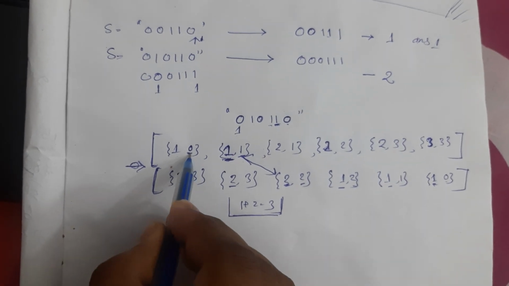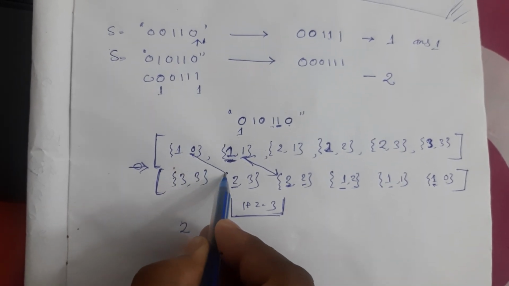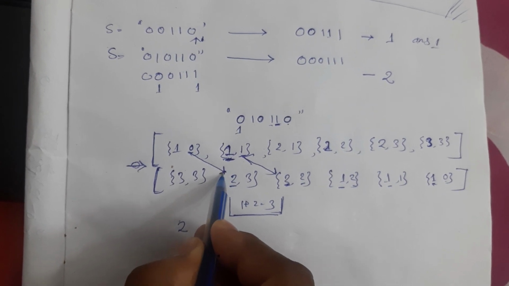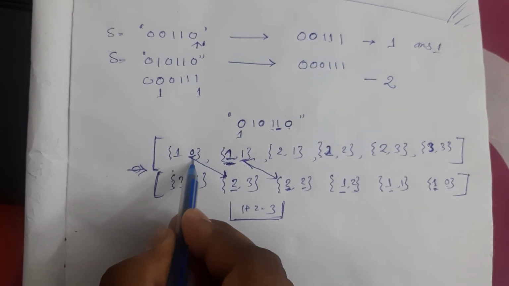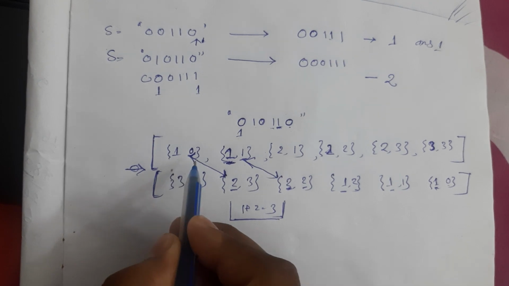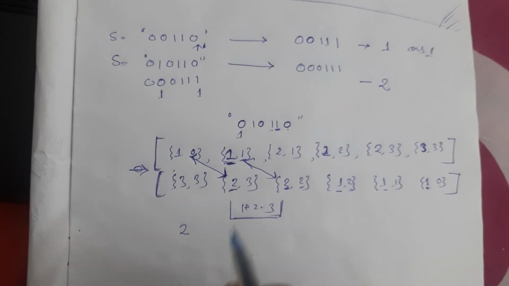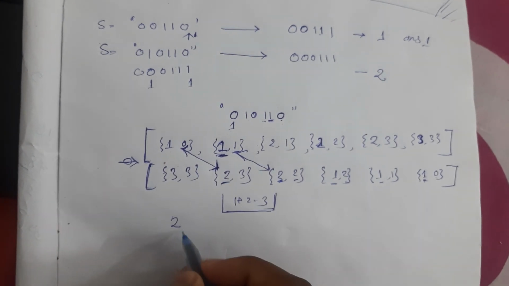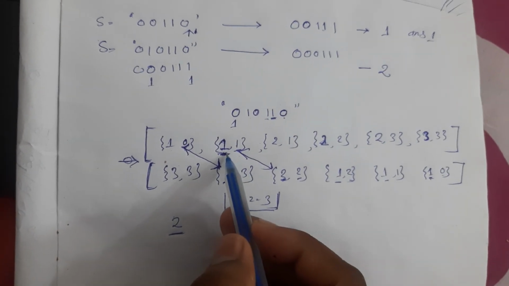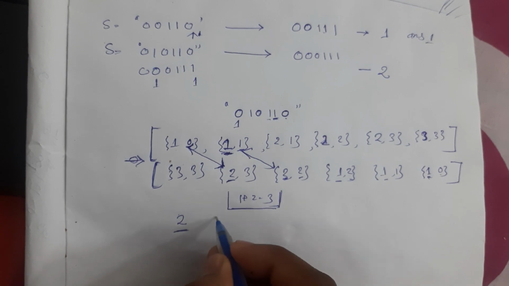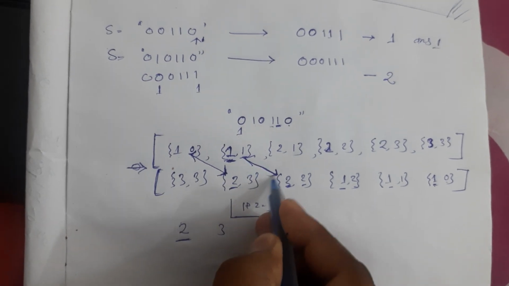So we need to find the sum of the number of 1s up to the current index and the number of 0s after it. For the next index we have already calculated it, which is 1 plus 2, which is 3.